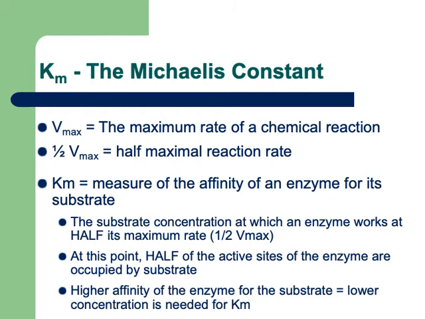Km is also the point where half of the active sites on the enzyme are occupied by the substrate, so we see half enzyme saturation. And then a higher affinity of the enzyme for the substrate is equal to a lower concentration needed for the Km. I know this is potentially a bit confusing right now. Let's explore it further on the next slide.